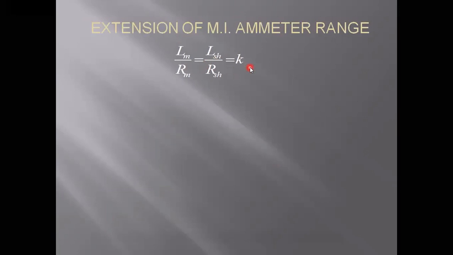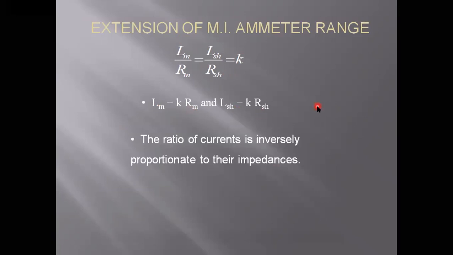Say it is equal to some value K because both are the same. If we get Lm by Rm or LSH by RSH in our equation, we will simply replace it by K for convenience. So Lm equals K times Rm and LSH equals K times RSH.